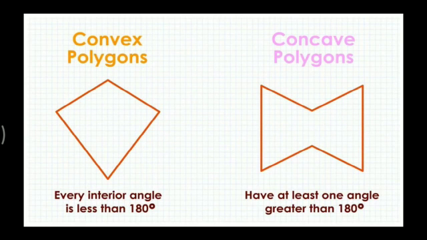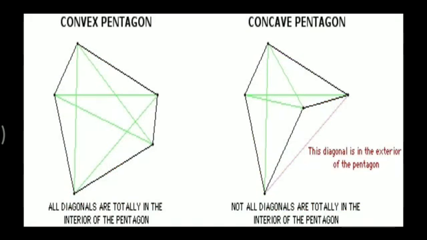In convex polygons, every interior angle is less than 180 degrees, whereas concave polygons have at least one angle greater than 180 degrees. In other words, in a convex pentagon, all diagonals are totally in the interior of the pentagon, whereas in a concave pentagon, not all diagonals are totally in the interior. At least one diagonal is in the exterior of the pentagon.